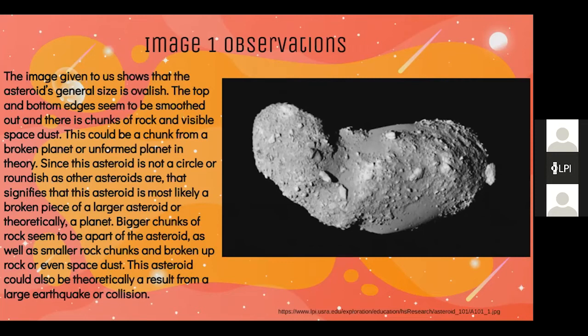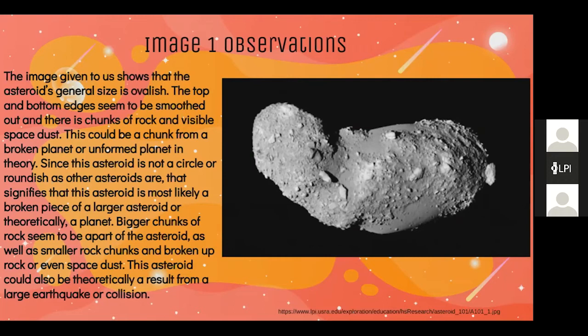Since this asteroid is not technically a circle or round, like other asteroids generally are, once again, it signifies that this asteroid is probably a broken piece of a larger asteroid or even a small planet.